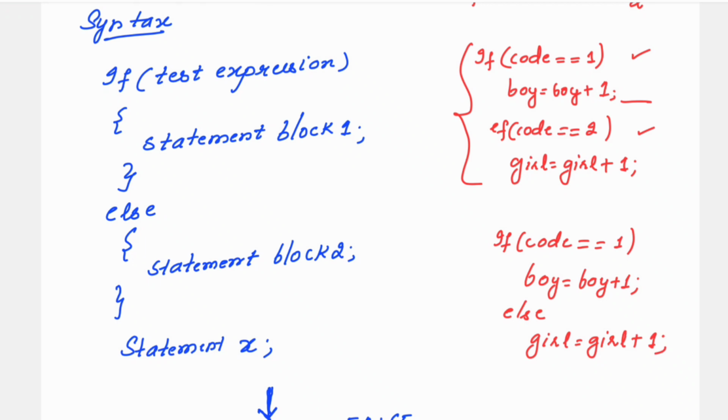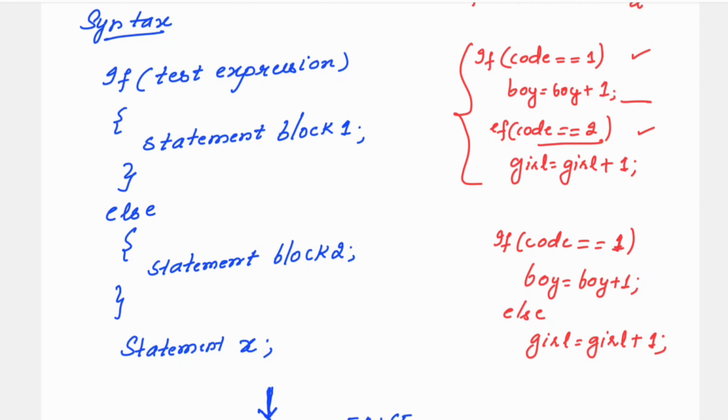We are not checking the other condition. It is not required, because obviously if it is not a boy, then the student is a girl. The student can be either a boy or a girl, not both. That's the reason we will not check the condition twice.